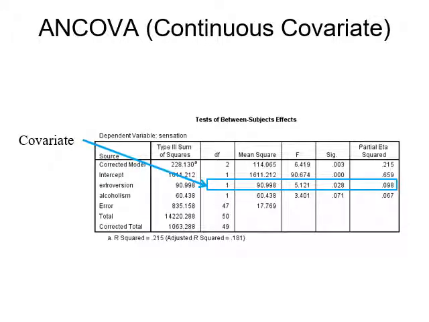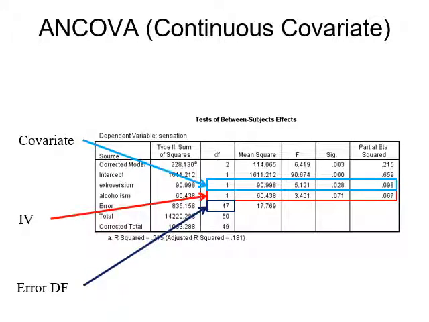Once again, though, we're going to get this table. We're going to find the covariate, in this case, extroversion. We're going to find our IV, and once again, we're going to find our error. And in this case, we actually find that our IV is insignificant. Significance is 0.07 with the covariate in the model.